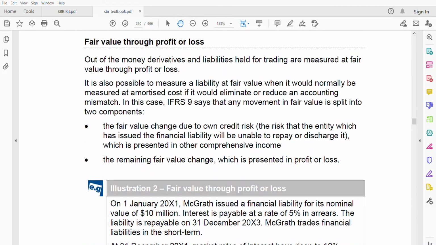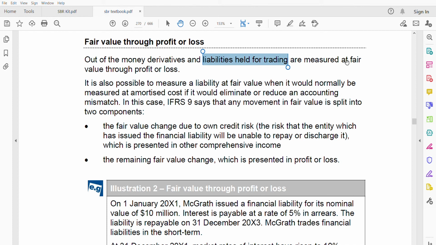Out of the money derivatives, and liabilities, because financial liability held for trading, are measured at fair value through profit and loss. Normally, they will tell you in the exam whether it is measured at fair value or amortized cost.